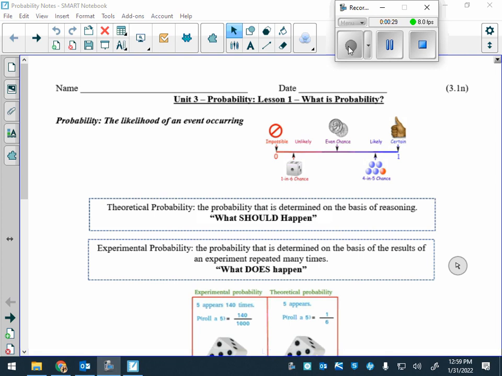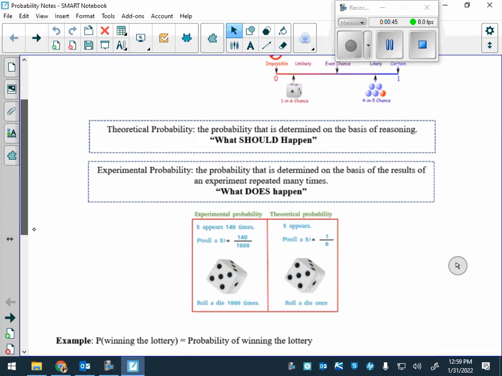An even chance, like flipping a coin, would be 1/2, all right? Certain, every time you do an experiment, you're going to get the same result every time, which is 100%. There's two types of probability.